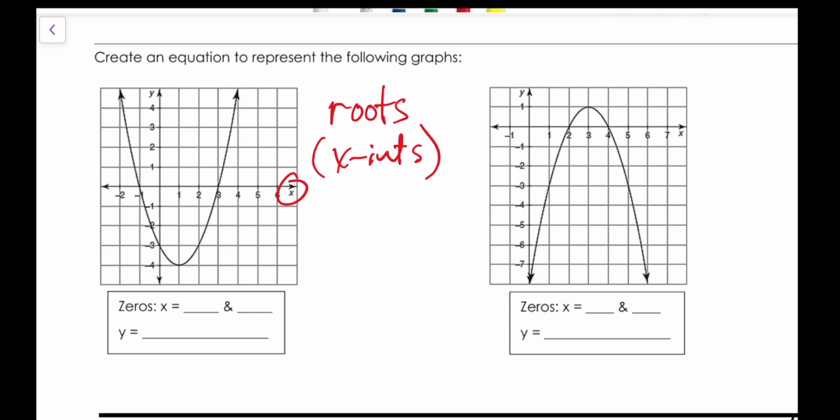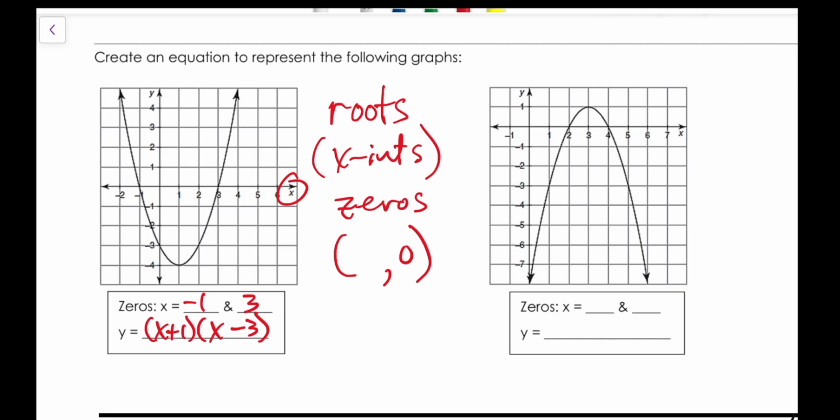They are also called zeros because every point on the x-axis is something comma 0. So the zeros in the first graph here are -1 and +3, and the equation becomes x plus 1, x minus 3. That's right, it's the opposite.